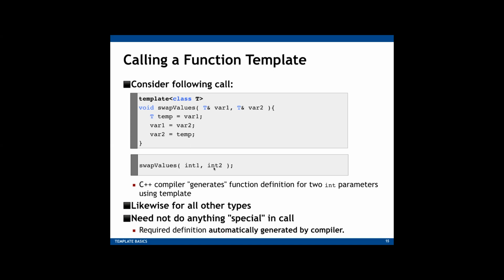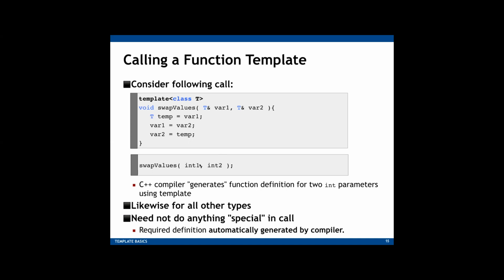So for your code, you only need to write these 1, 2, 3, 4, 5, 6 lines of code for the swap value function, and the compiler will automatically create the necessary swap value functions for you. In this example, because we call the swap value function using two int arguments, the compiler will create the swap value function that receives two int arguments.